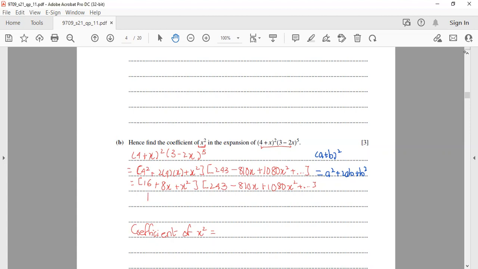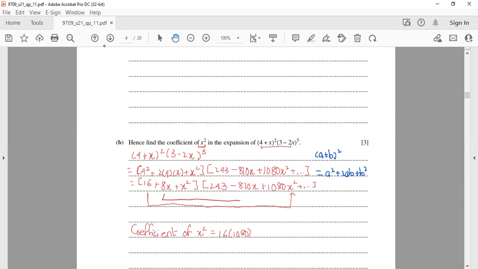16 times 1080x squared will give me a term in x squared. So 16 times 1080, plus a term in x multiplied by a term in x will give me a term in x squared.